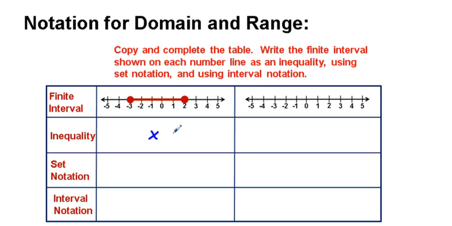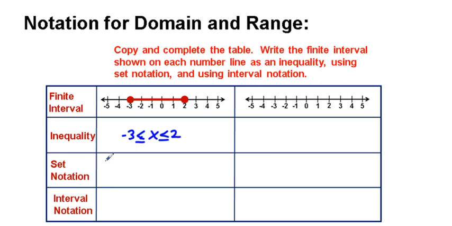We know that x is going to be greater than -3, but because we have the point that's closed, we know it's going to be greater than or equal to, and x is going to be less than 2, but because that point is a solid point, less than or equal to. So that's what our inequality notation looks like.